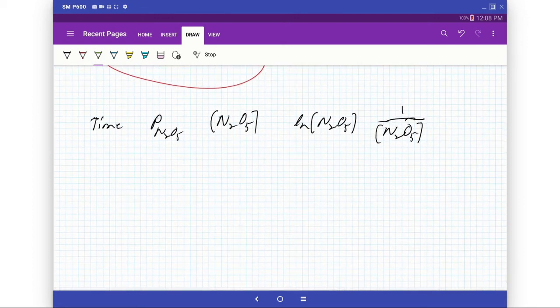In terms of units, just because I don't have a lot of space, time is going to be in seconds, pressure in bar, concentration in moles per liter, natural log of concentration doesn't have units, and 1 over concentration is in units of liters per mole.